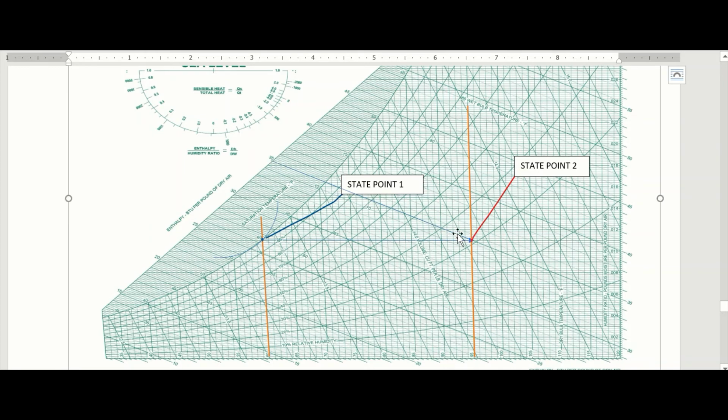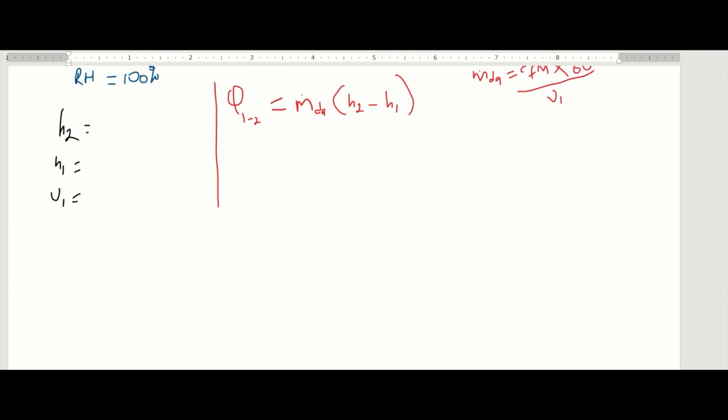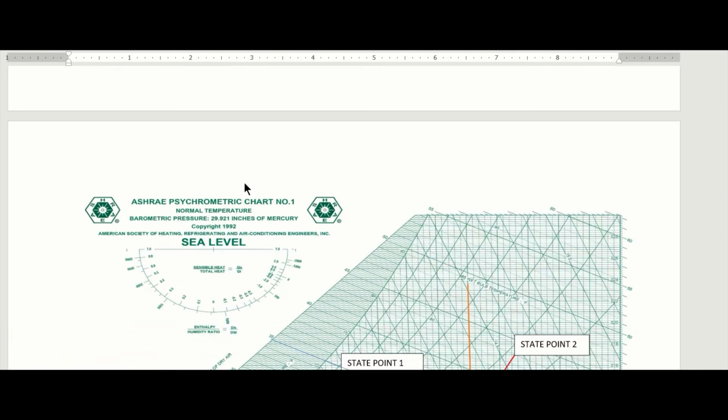So my enthalpy H2 is 35. You can come here and write it down: enthalpy H2 is 35 BTU per pound dry air.